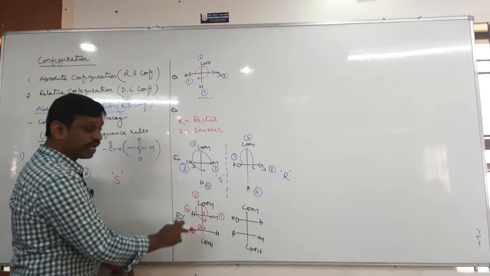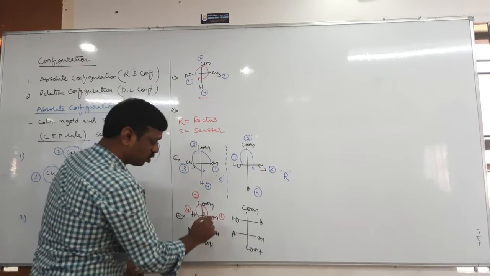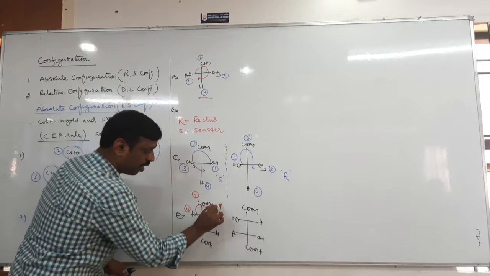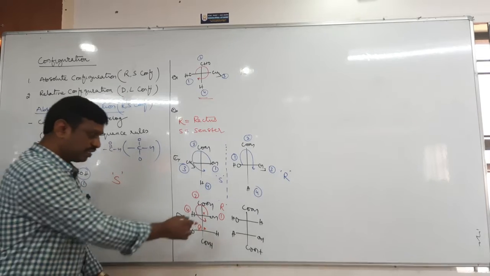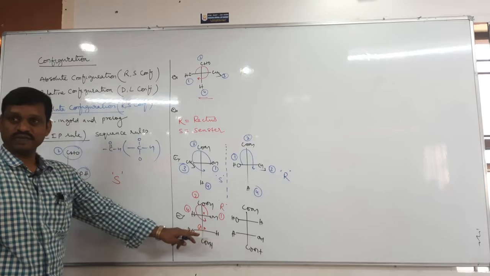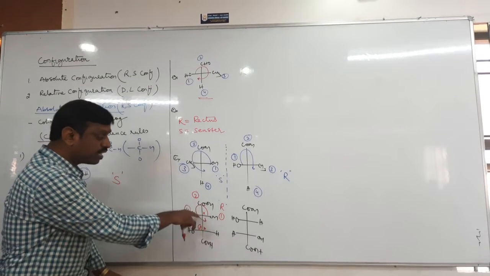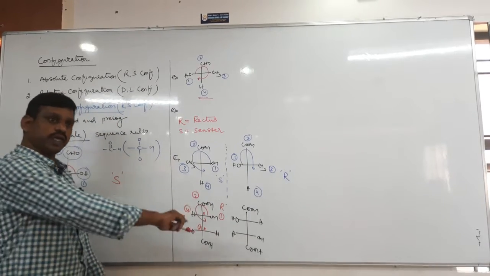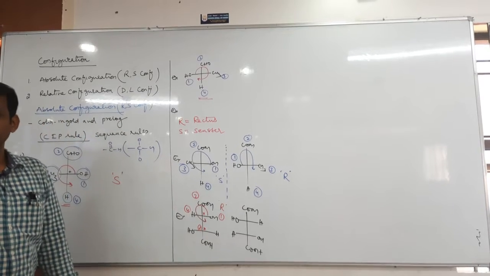Therefore if you make it vertical, the configuration becomes reverse. So this is anti-clockwise, which is supposed to be S, but it becomes R. Remember: if the fourth priority group is on the horizontal line, the configuration becomes opposite.